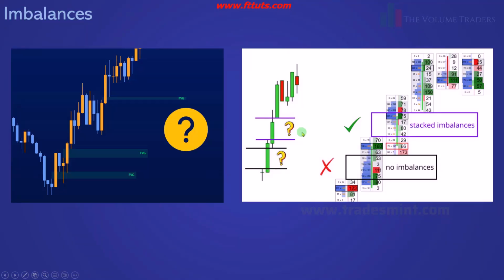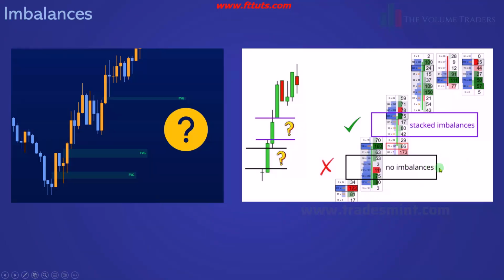I'm not saying here that SMC or ICT concepts are wrong, really nothing like that. Just please ask yourself how often it happened that you were waiting for some fair value gap to buy, for example, and then the price easily broke that area and continued the sales. Even a lot of ICT traders use limit orders.